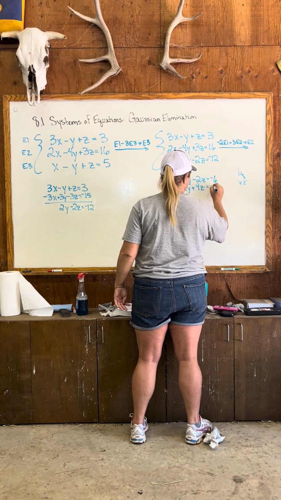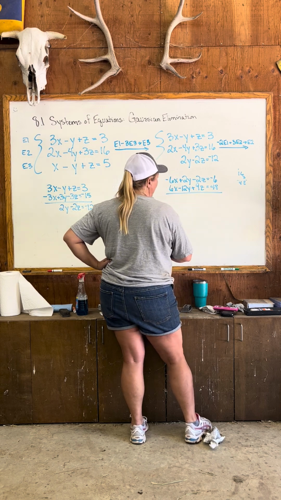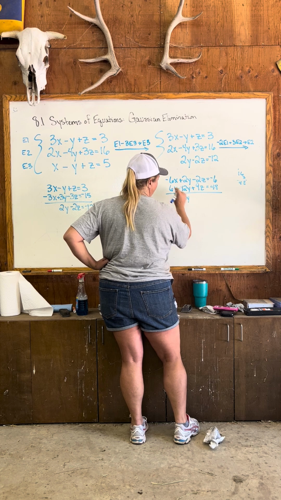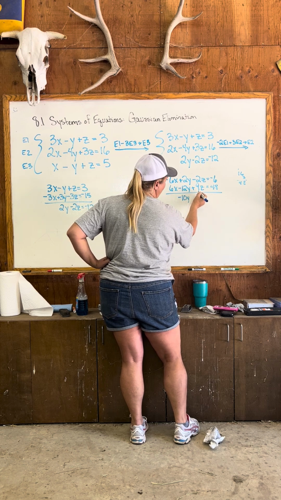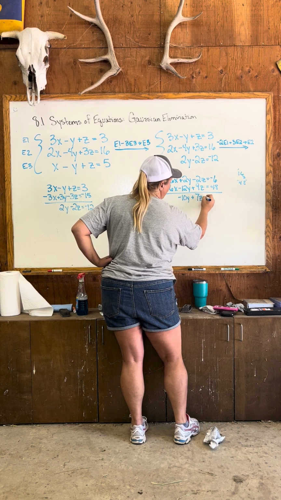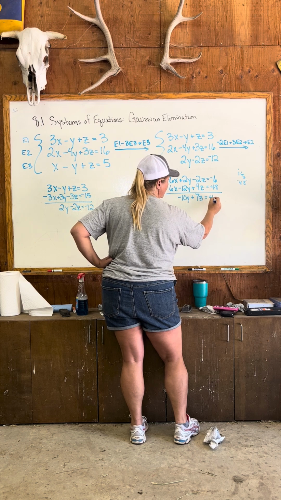Okay. Not always going to be pretty. Okay. So now we have negative 10y, because those guys are going away. Here we're going to have plus 7z, and here we're going to have 42.